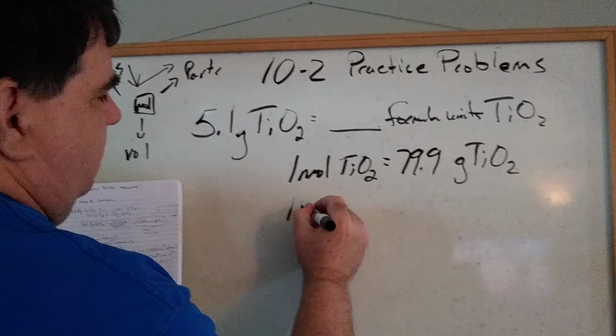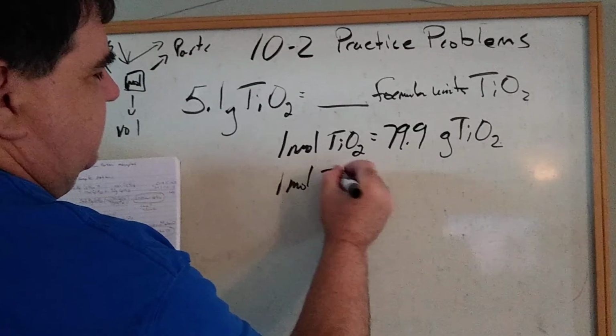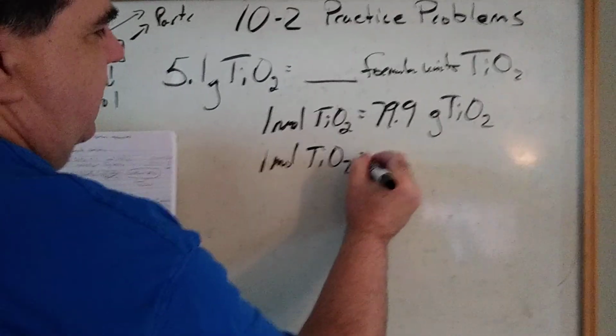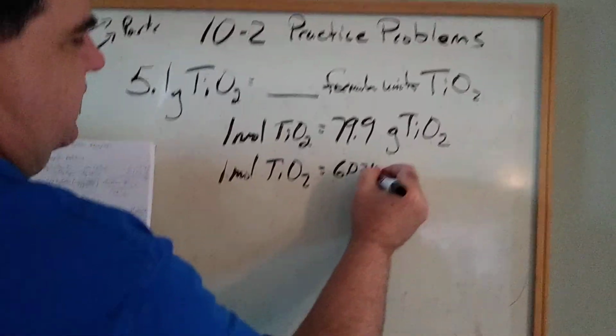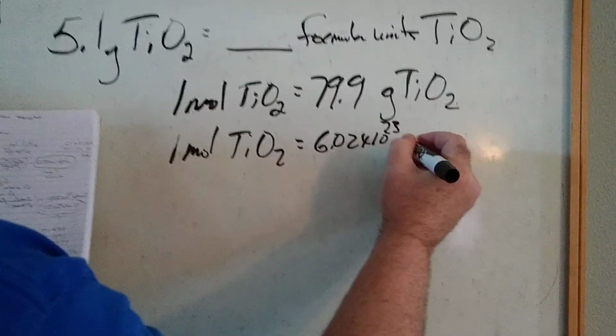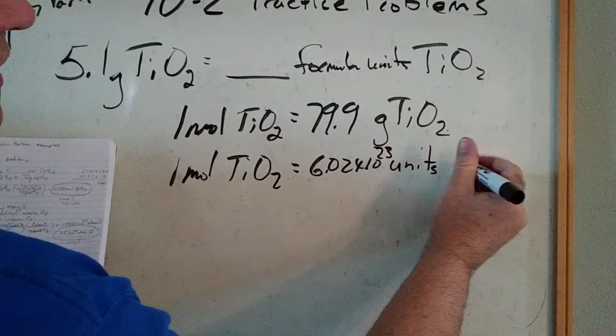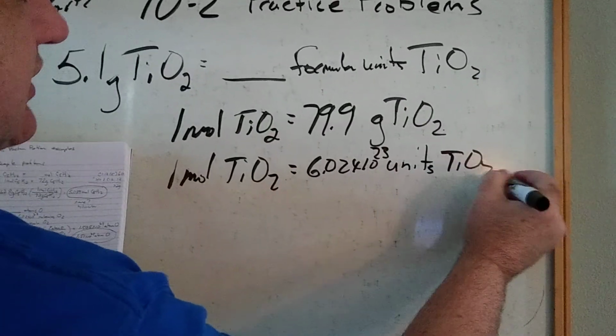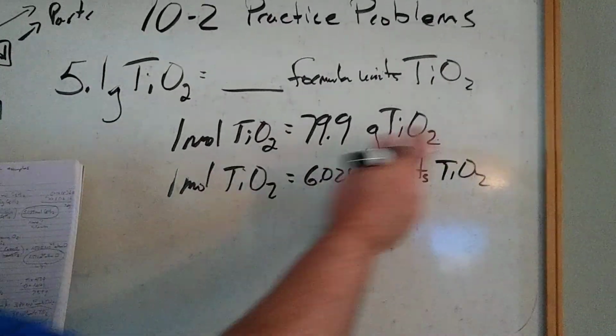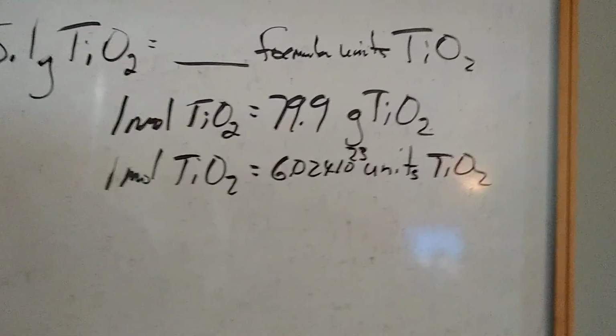We know that 1 mole of titanium 4 oxide is equal to 6.02 times 10 to the 23rd units. Let's just shorten formula units to units of TiO2. And again, this is an ionic compound because it's a metal and a non-metal. That's why we use the word units.